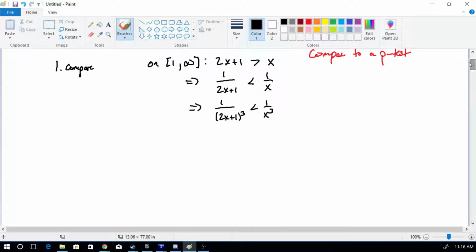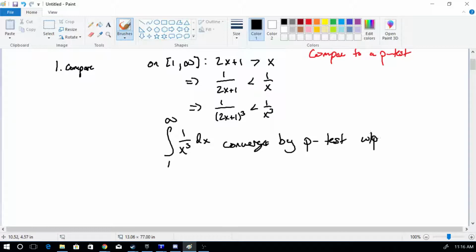Okay, this is great. The integral from 1 to infinity of 1 over x cubed dx converges by the p-test with p equal to 3. That's bigger than 1.